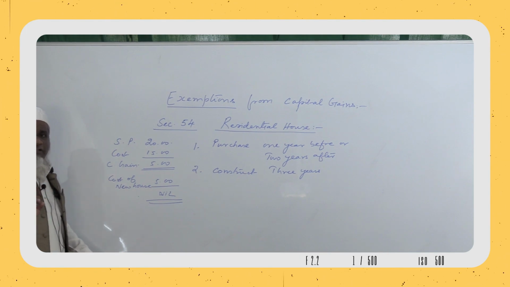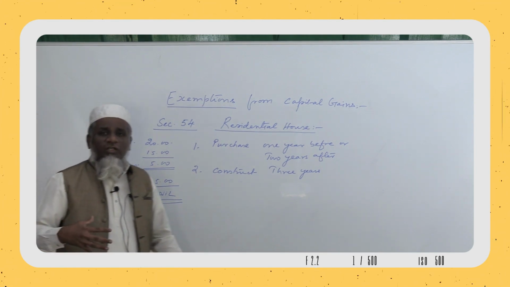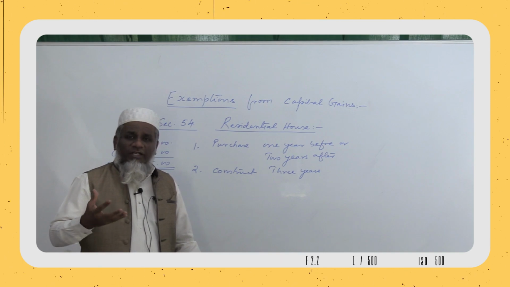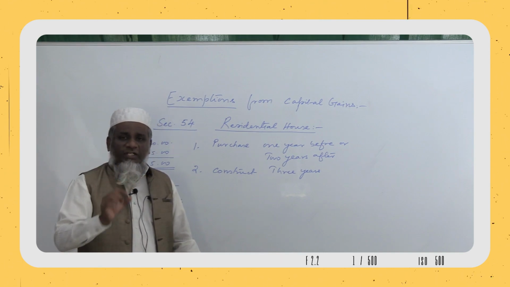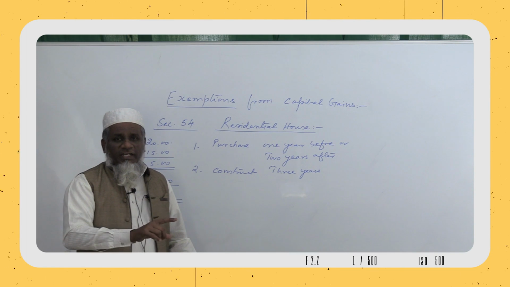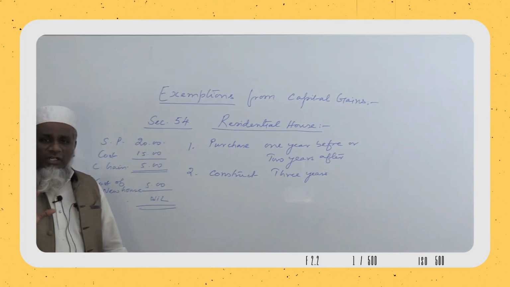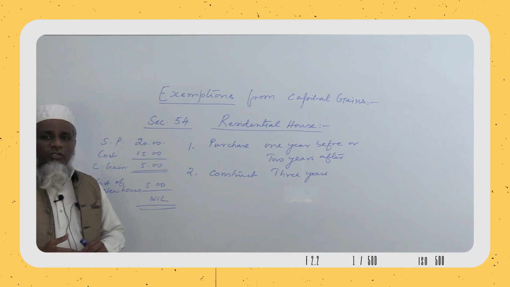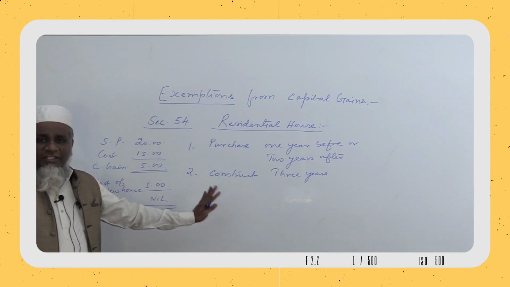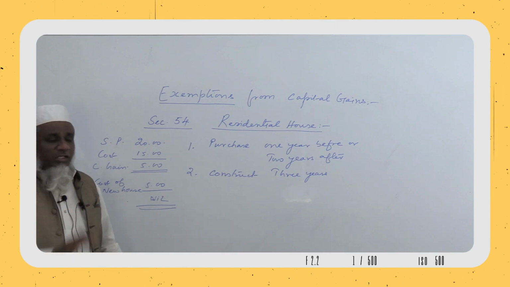This is the first point that we should understand. If you want to save tax, then we have to utilize the gain for purchase or construction of a new residential house, then we are eligible to claim exemption under this section.